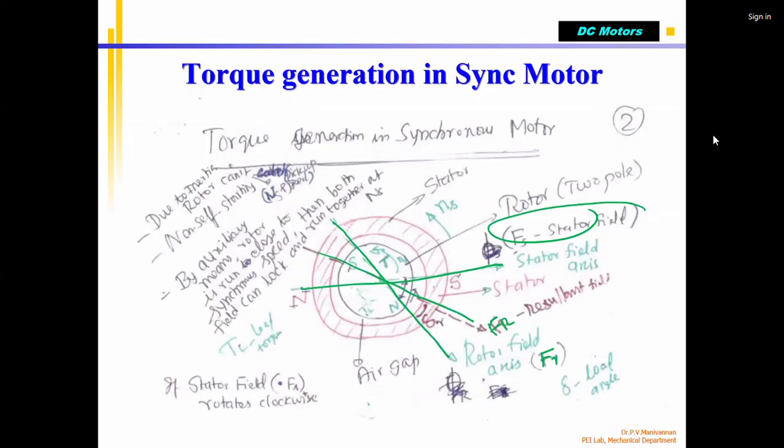the total angle is called lambda. The total angle between the stator magnetic field and the rotor magnetic field is called lambda.